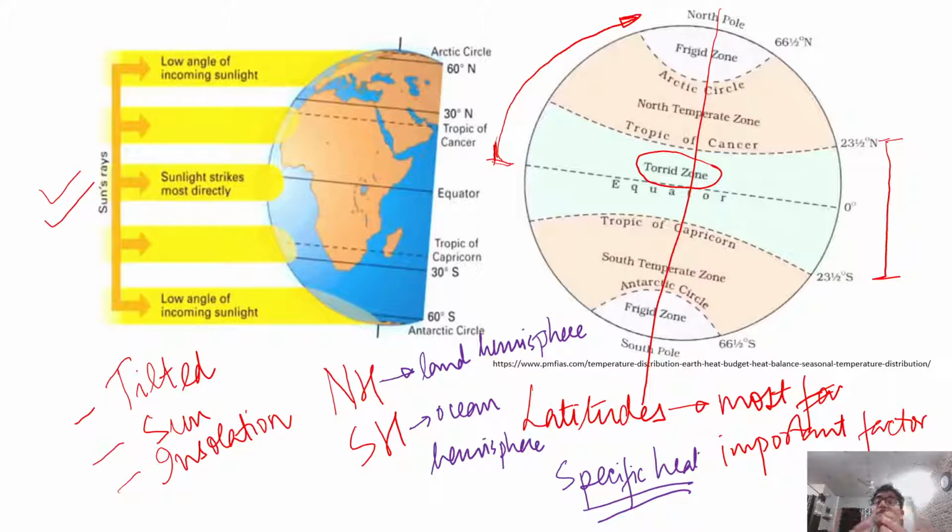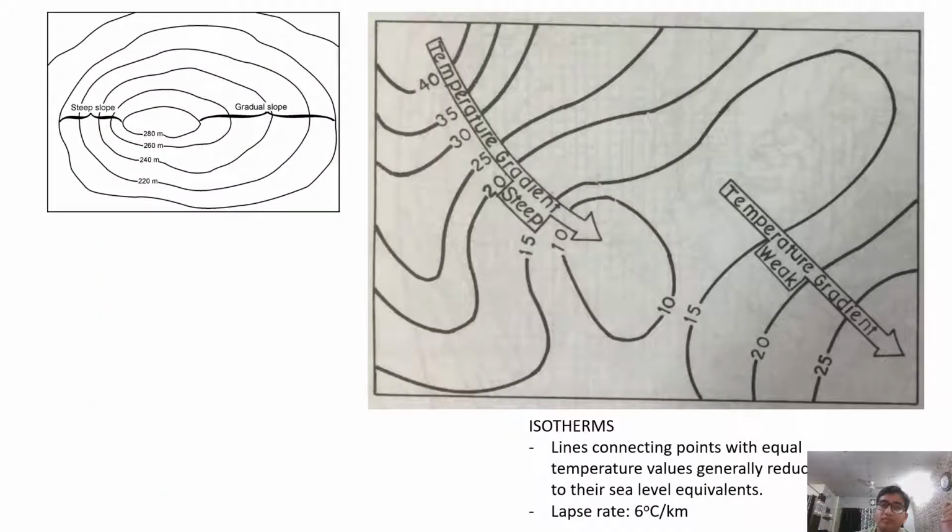Then northern hemisphere has a lot of land and southern hemisphere has a lot of water. Therefore the distribution of temperature in northern and southern hemisphere varies, they are not uniform at all. And the last property which we saw here was the specific heat capacity, owing to which the land and water have different rates of warming and cooling.